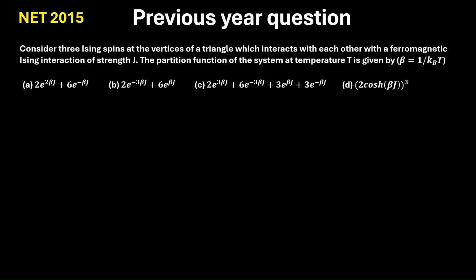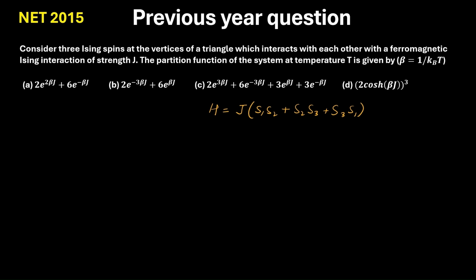Now, first we have to write the interaction energy expression. So for ferromagnetic, it is given by J S1 S2, all the possible pairs, S2 S3, and S3 S1. So this is the interaction term.